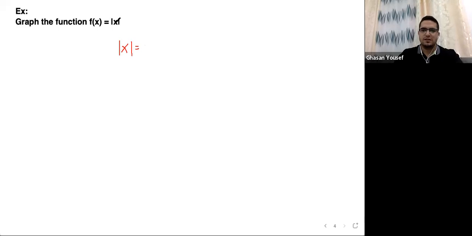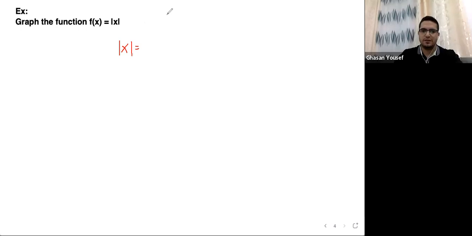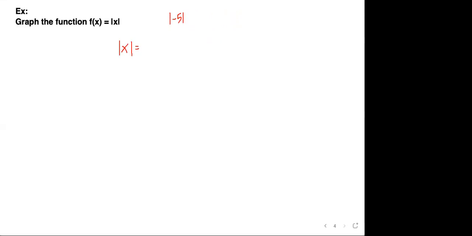The absolute value of -5 is 5. The absolute value of -4 is 4. But the absolute value of 4 stays 4. The absolute value of 0 is 0. So the absolute value changes negative to positive. This is the goal.